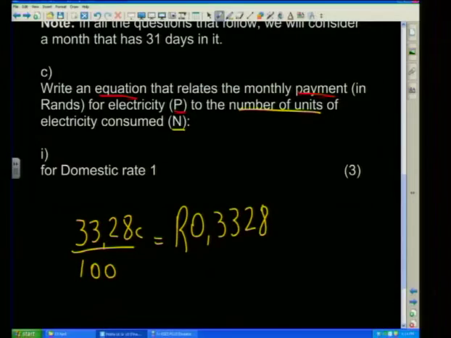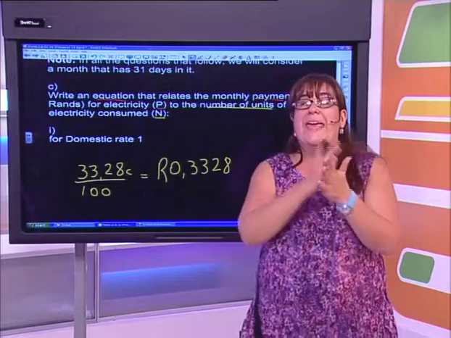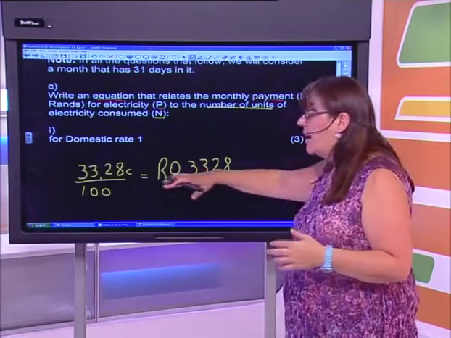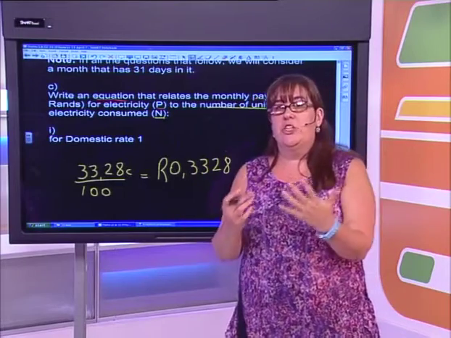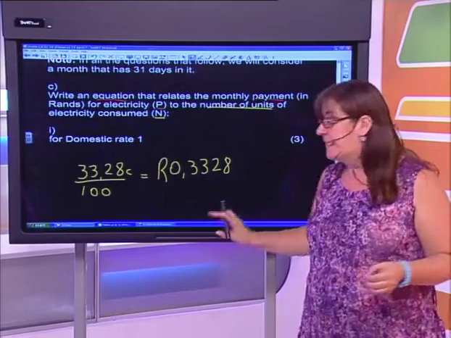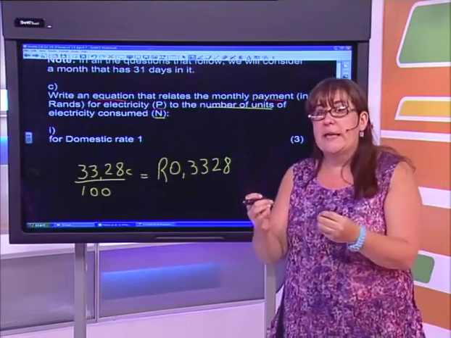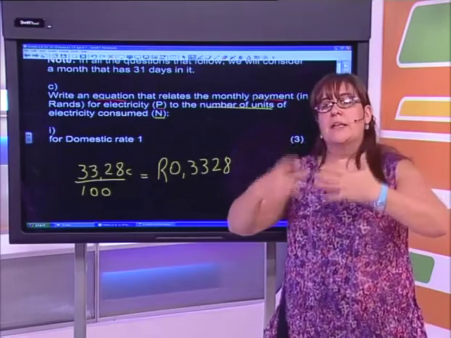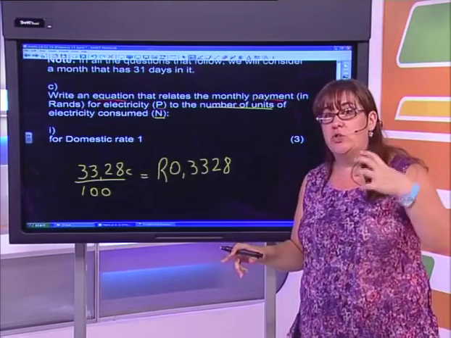0.3328. Now I'm not rounding off, and this is really, really important. Although we talk about rands as 2 decimal places, when we're doing a calculation like this, the reality is that we are charged a fraction of a cent. Like this 28 is like a quarter of a cent. But because we compound it with the number of units that we use, that 28 actually does make a huge difference.